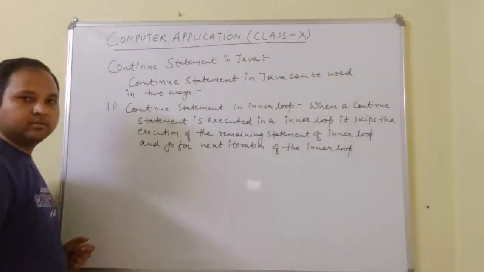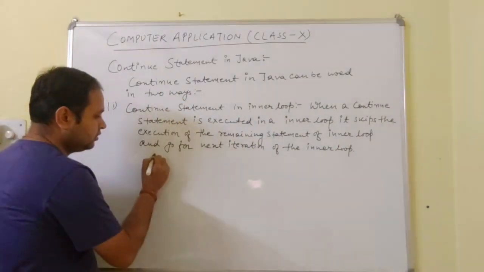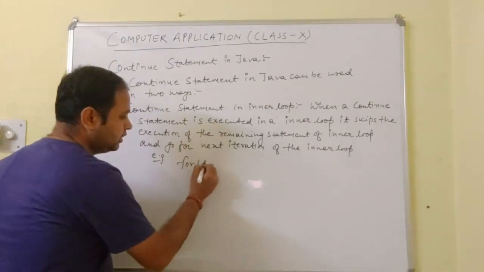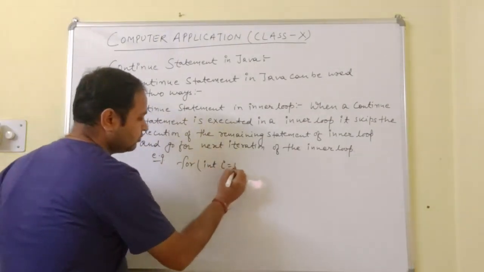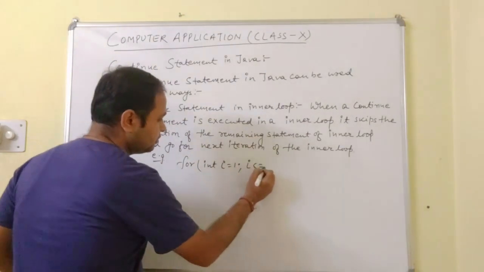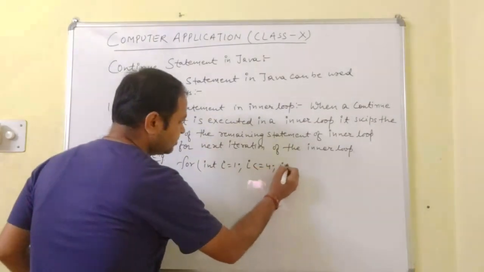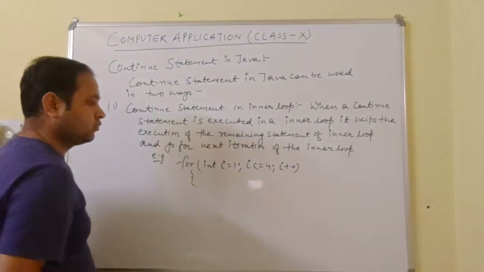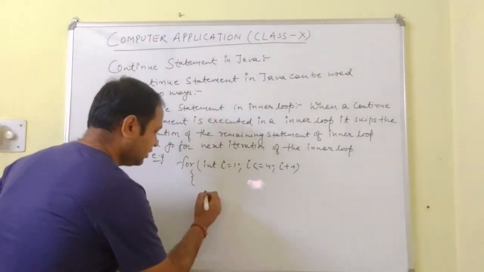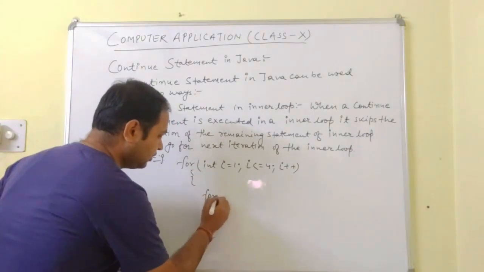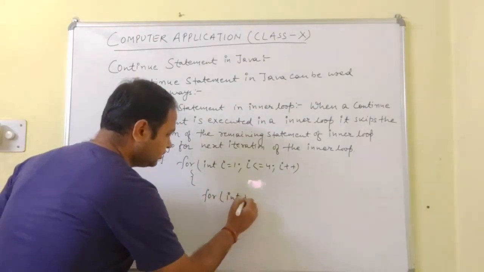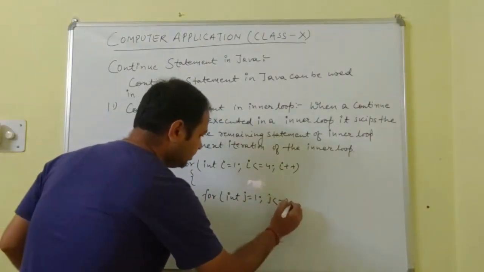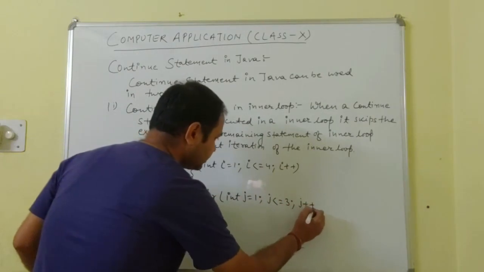This can be explained by using a simple example. For example, I take a for loop: for int i equals 1, i less than or equal to 4, i plus plus. Then I write for int j equals 1, j less than or equal to 3, j plus plus.